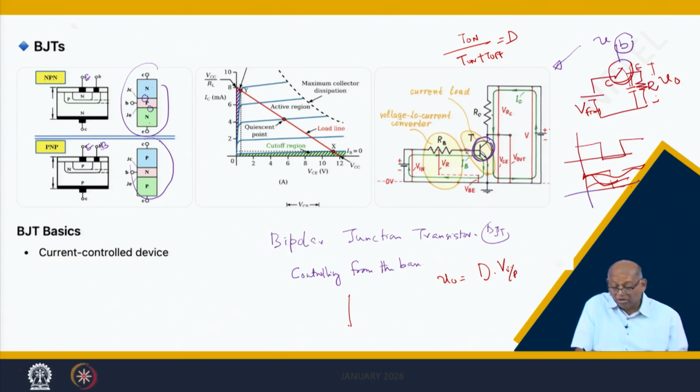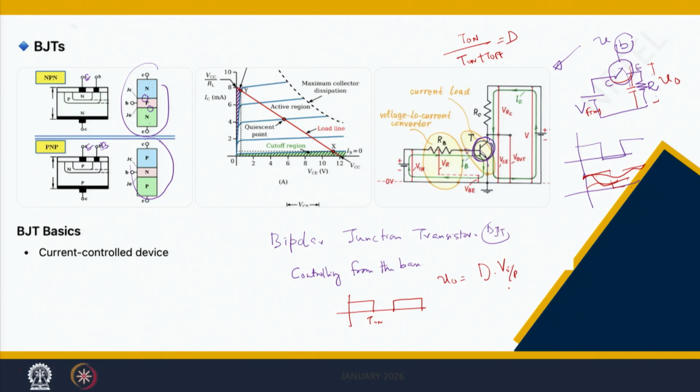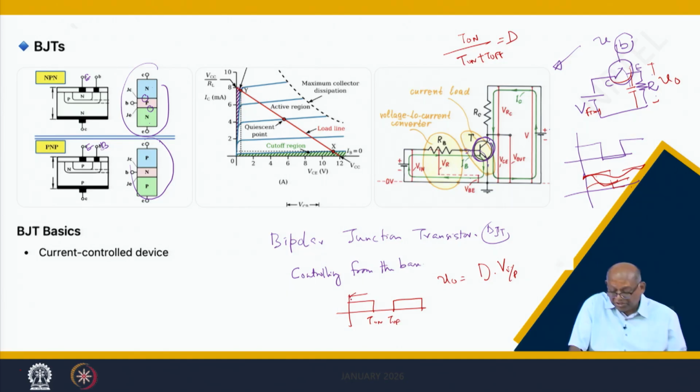Because if it is on and off, with T on, then T off, and total time from here to here T, the average voltage will be equal to T on by T into the voltage supply. This is called the duty ratio.